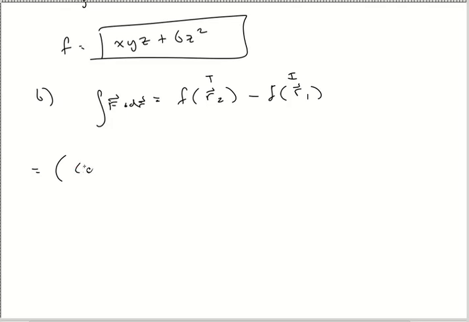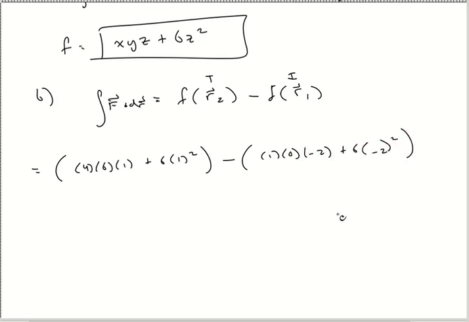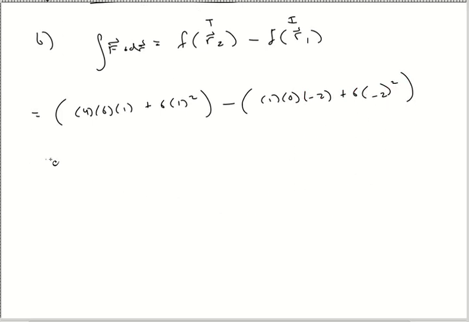So I'm going to literally say 4 times 6 times 1, and then plus 6 times, and that was a z, so that would be 1 squared. Minus, now plugging in my other point, which was 1, 0, negative 2, so 1 times 0 times negative 2, plus 6 times negative 2 squared.